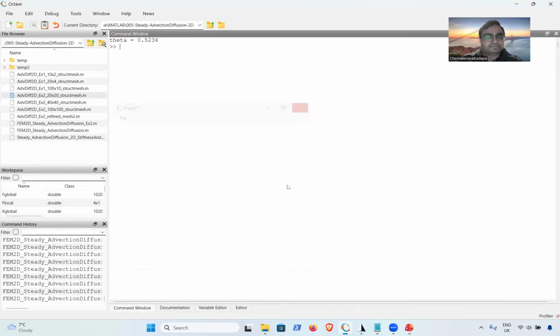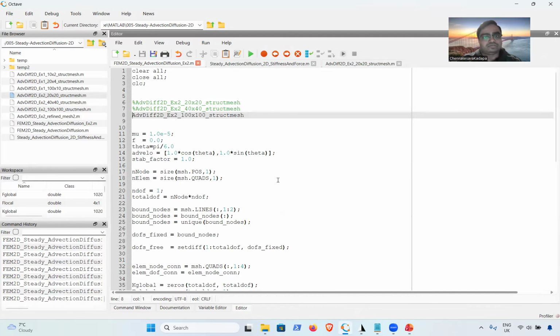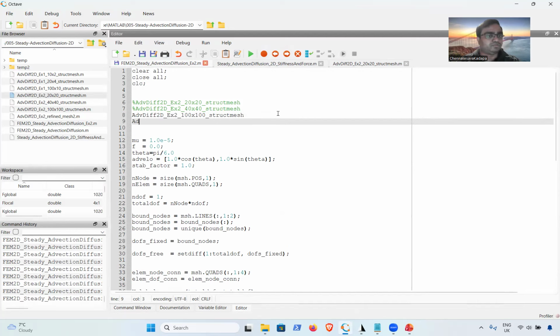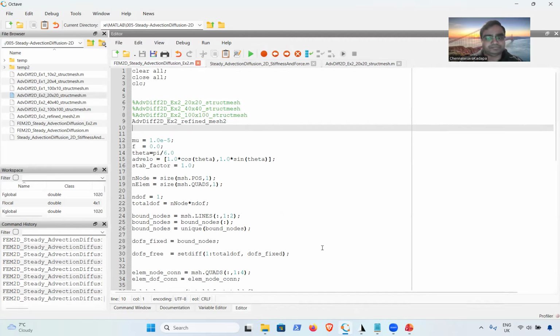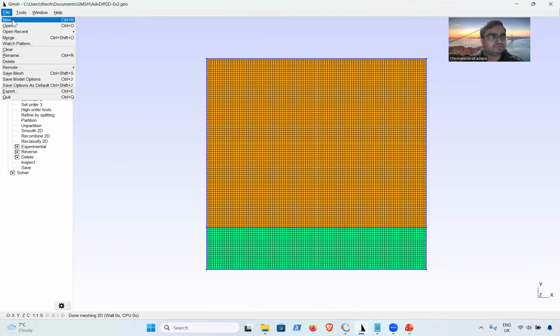We can also generate meshes with a refinement along the boundary layer or along the jump. So let me show you.